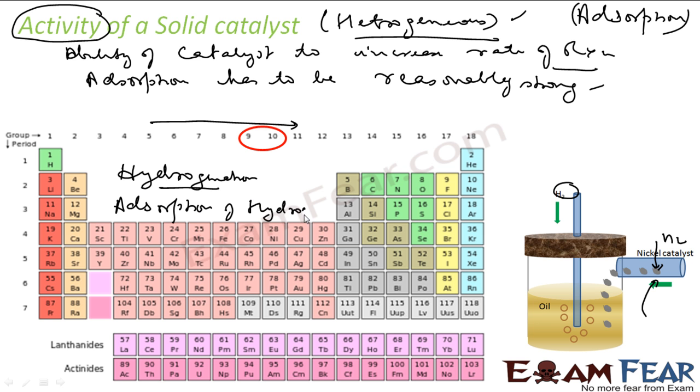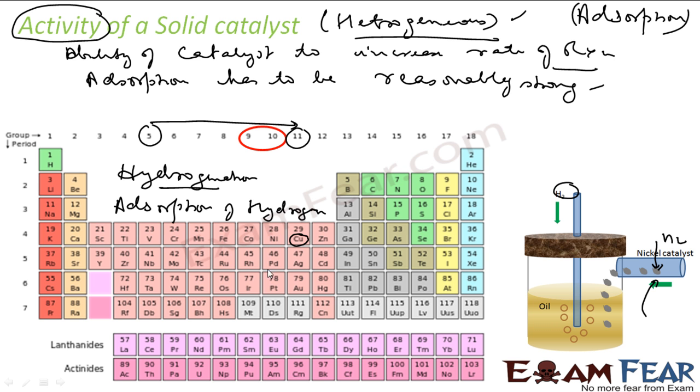Here the group 5 elements will not be able to adsorb much, but group 11 elements, for example copper, will be able to adsorb more. So the activity of adsorption of hydrogen increases from group 5 to group 11. And the best is seen in groups 9 and 10.